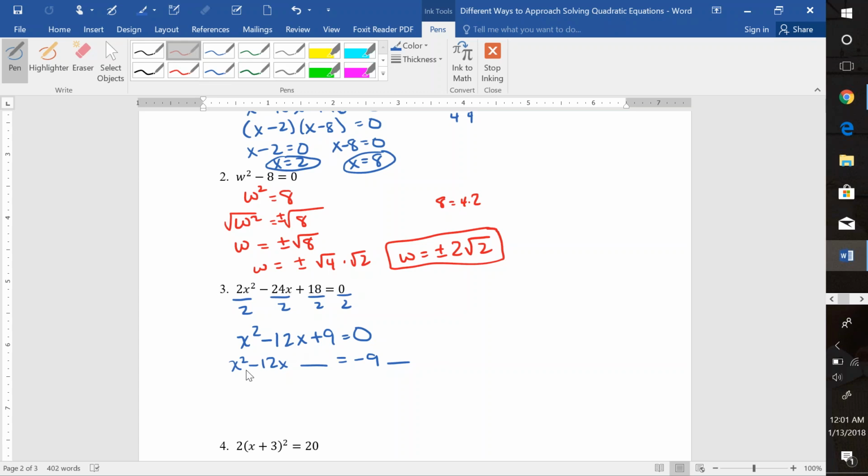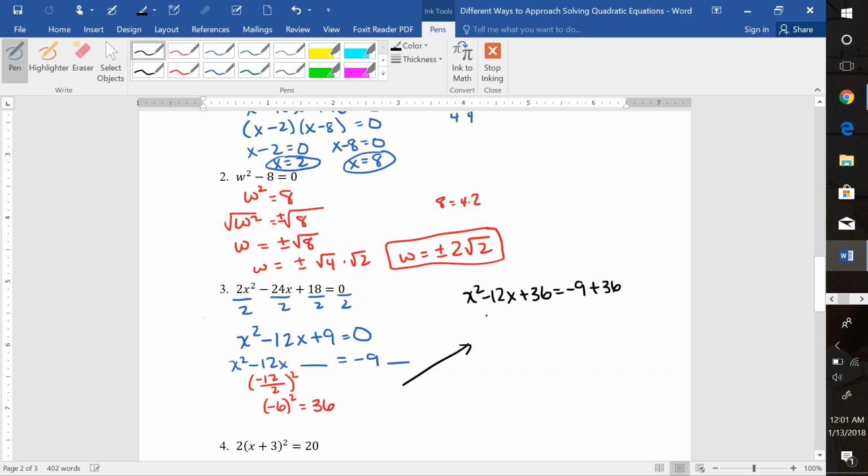I then take half of the middle term, and the sign does count, at least for the part when we go to factor in a minute. So this is negative 12 divided by 2, which is negative 6 squared, and that makes it positive 36 when we square it. So we're going to be adding that to both sides. So this is x squared minus 12x plus 36 equals negative 9 plus 36.